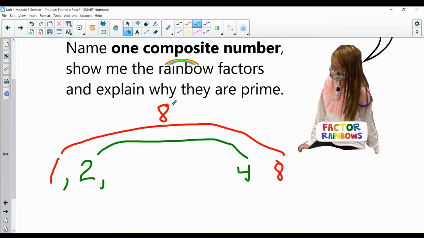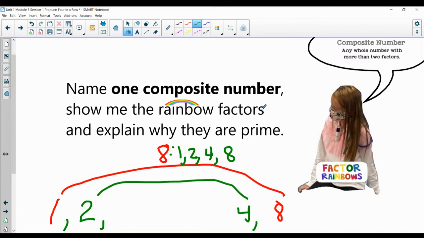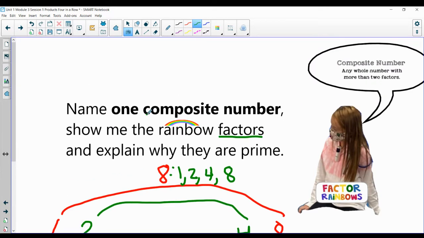So 8 has 1, 2, 4, and 8 as its factors. So it is composite because composite numbers have more than 2 factors. This one has 4, so it definitely is a composite number.